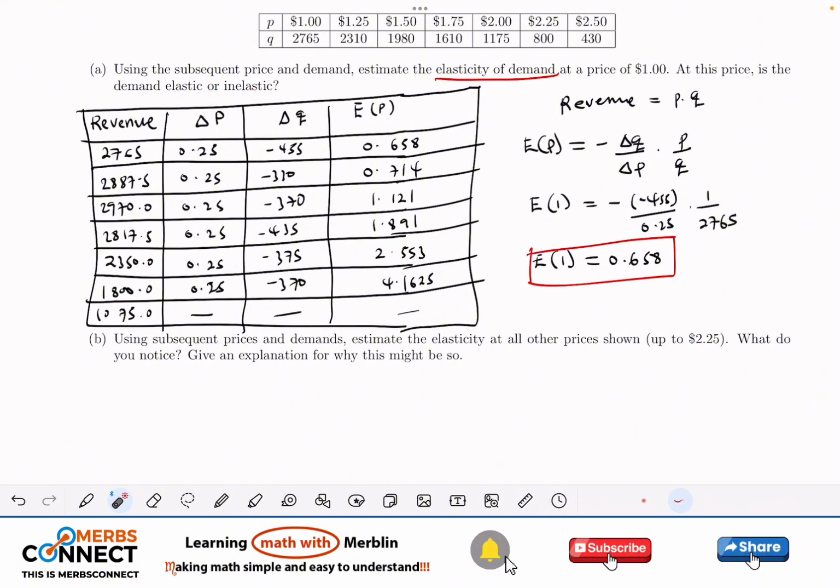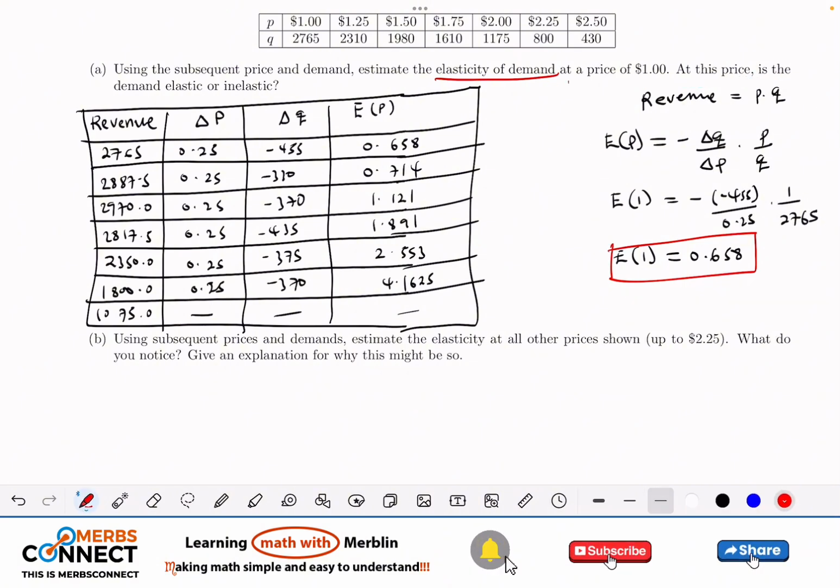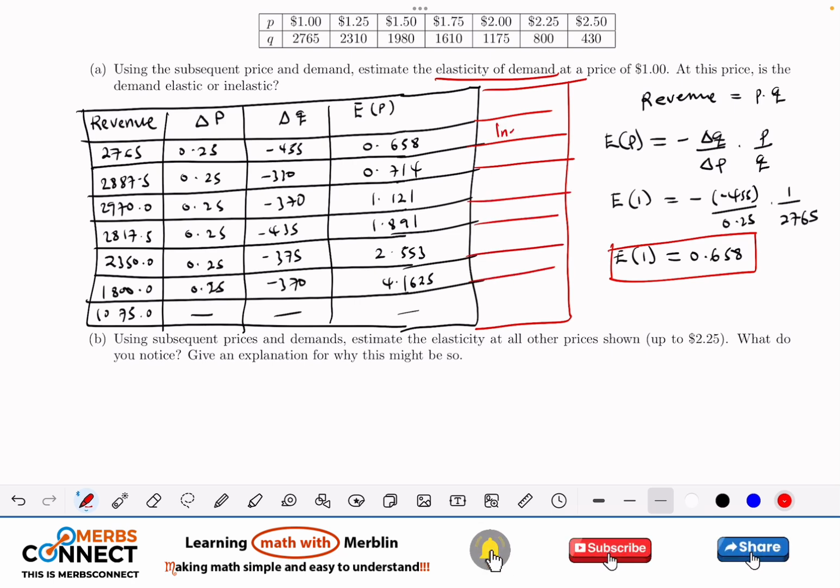You can see that this is less than 1. So we can say that it is inelastic. Let me even create a column for those kind of things, right? So we can have something like this. This is inelastic. This is also inelastic. The rest are all elastic.